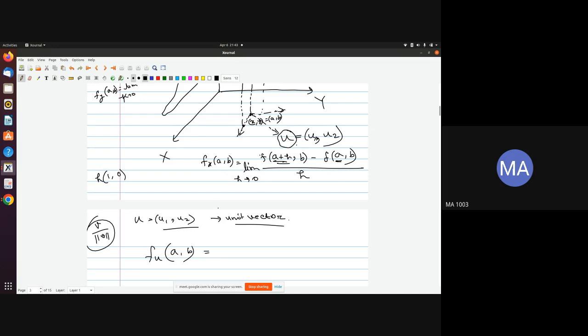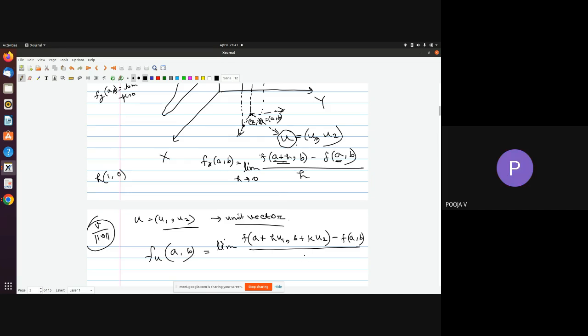So here also we have done the same thing. I will go back to this again. But before that, the limit should be f of (a plus hu1, b plus ku2) minus f of (a, b), divided by what will be there?